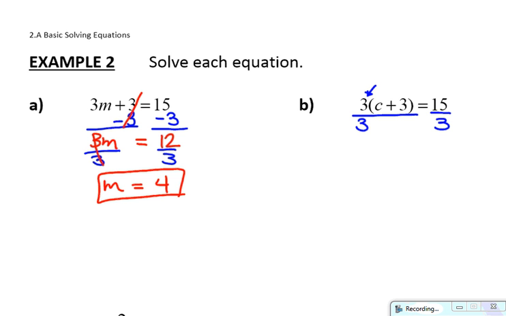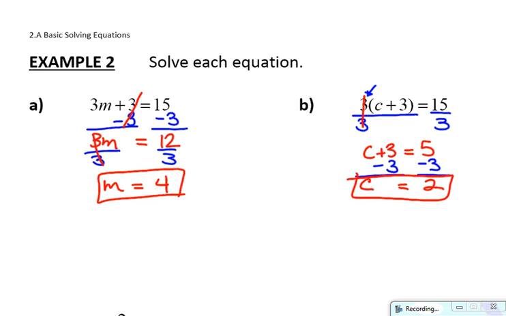That will leave us with c plus 3, no reason for the parentheses now, is equal to 5. Now we have addition, and to undo the addition, we will do its inverse, which is to subtract 3, and that will result in c is equal to 2. So my solution for this equation, c is 2.